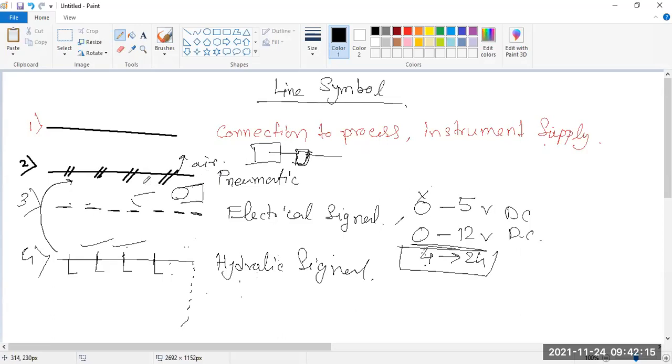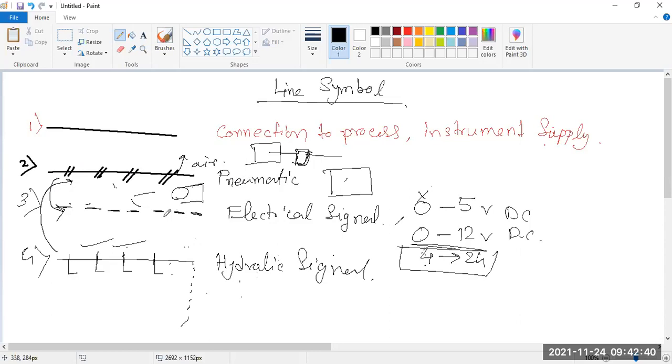Air pneumatic signal is coming, but a pneumatic controller is very difficult, because sometimes its accuracy and perfection is not so good. If there is some loss of pneumatic pressure, then it will not operate. So then we again introduce the electronic signal, or you may say the electric signal.